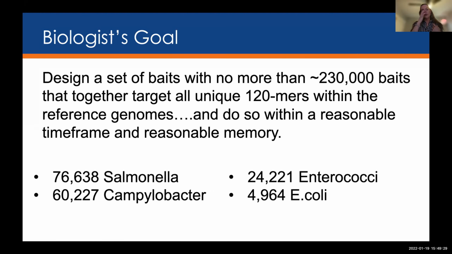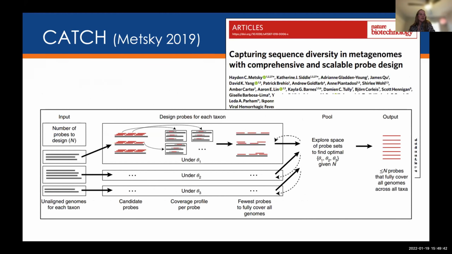So the first thing that we wanted to do was to survey the current work and see if there's an existing method that can actually accomplish this. It turns out that we're not the first people that have studied this problem. There's an existing approach in the literature, referred to as CATCH. What CATCH was developed for is to enrich for human viral genomes.